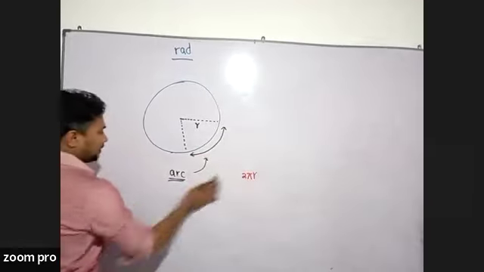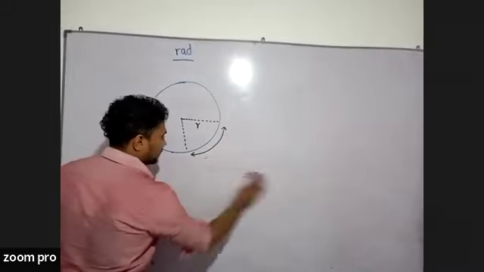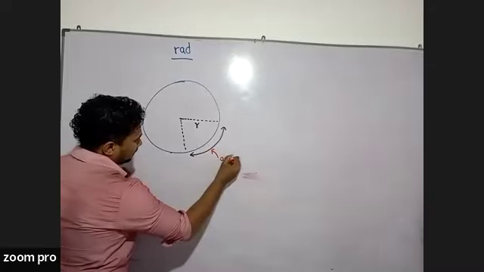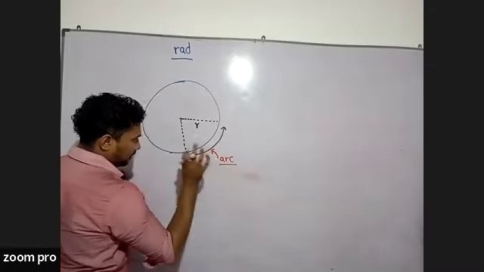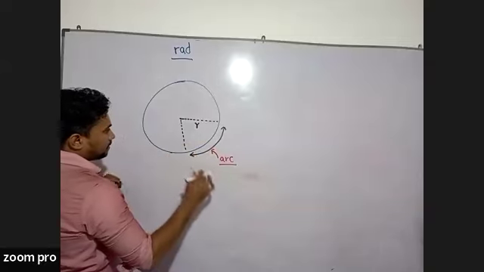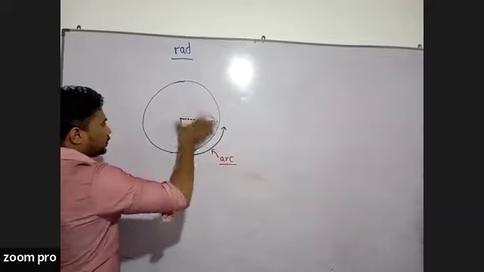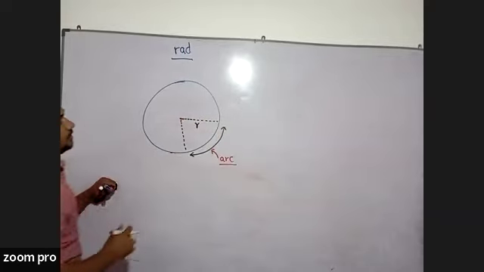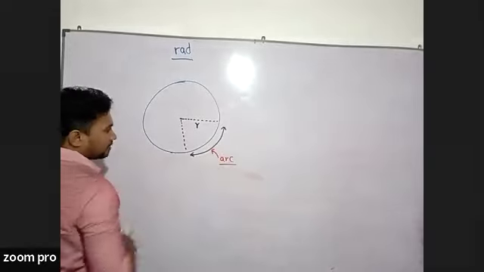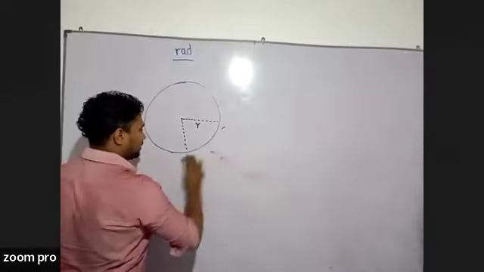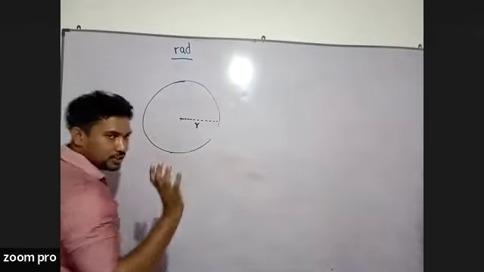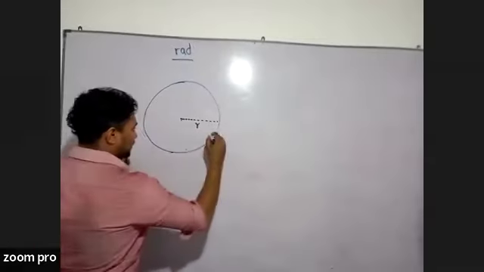Normally an arc is built up by two radii joined with a curve shape. You don't need to worry about the definition of the arc. Just focus on the definition of the radian. This is the important thing.